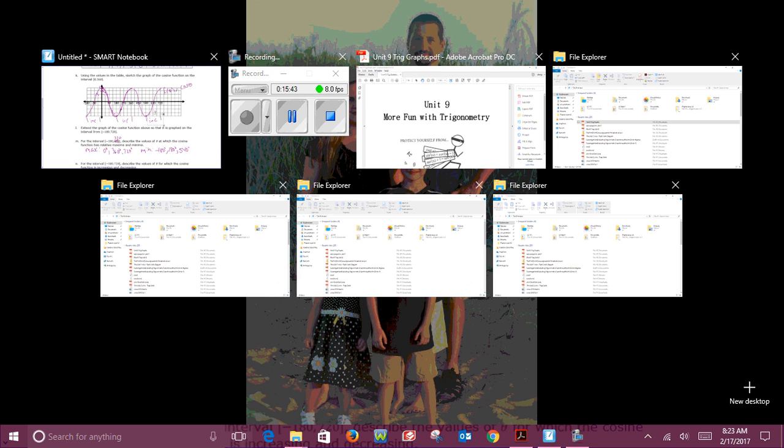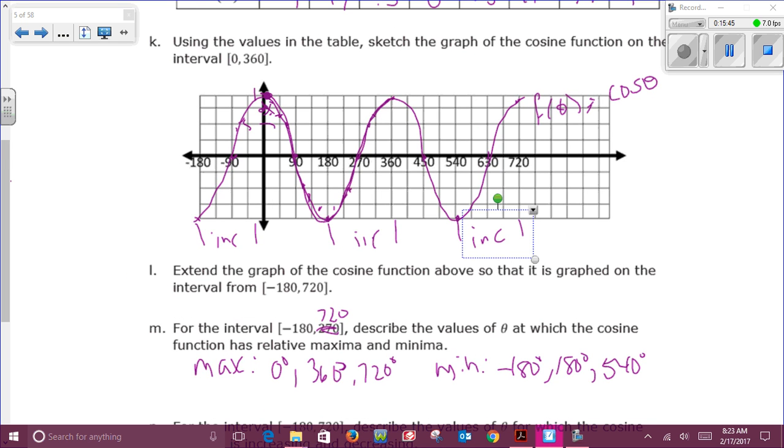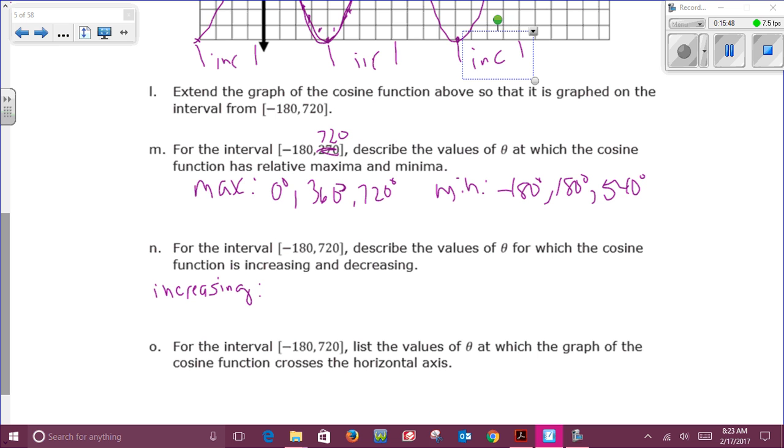So those intervals are from negative 180 to 0, from 180 to 360, and then again from 540 to 720.